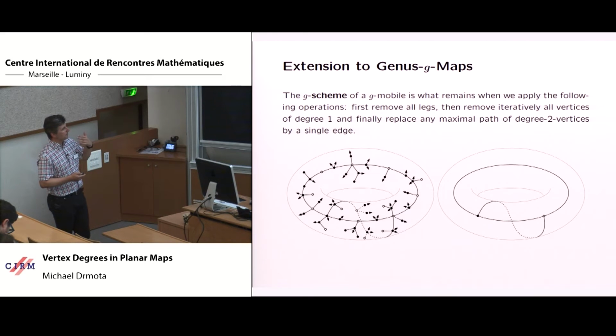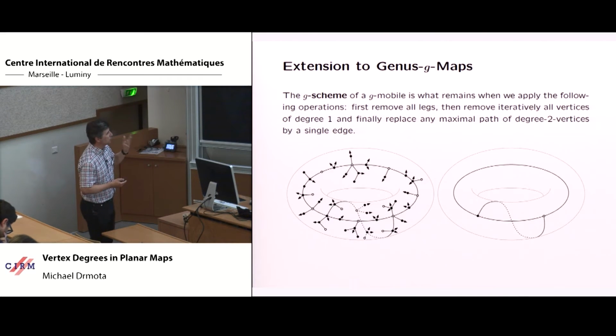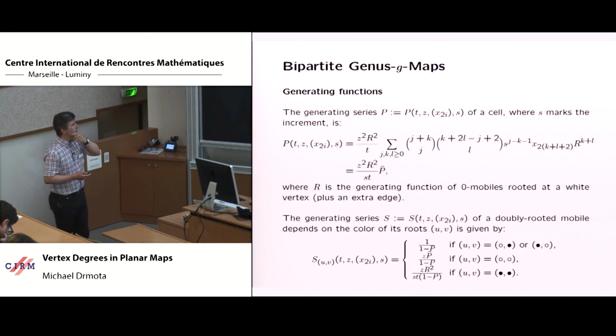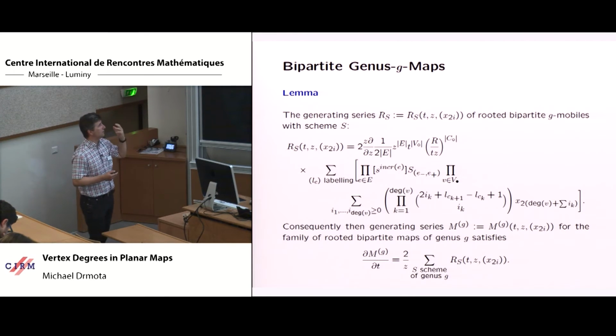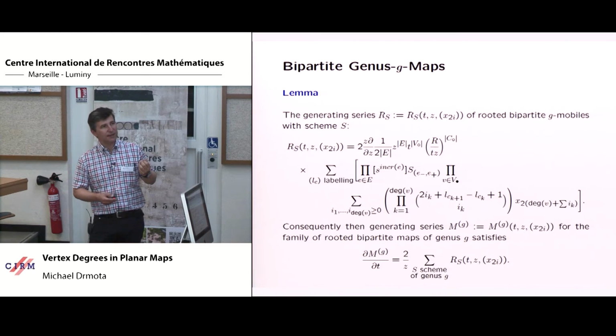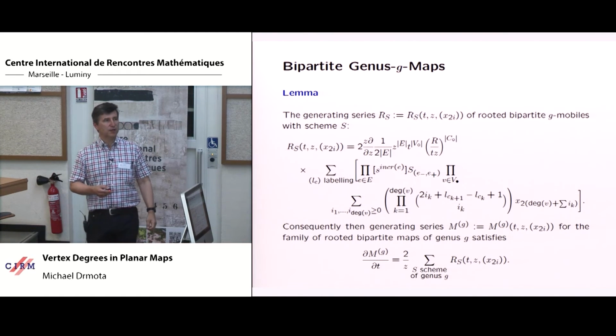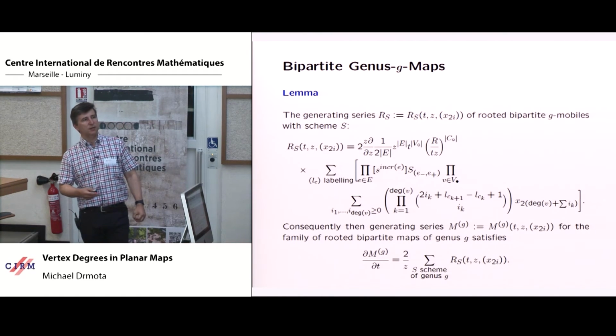But anyway, I will not go into the details now, but at least in the bipartite case, it's possible to get a relation for the generating function of maps in genus G. Here you have again the derivative, which means that you go to the pointed version of the generating function.